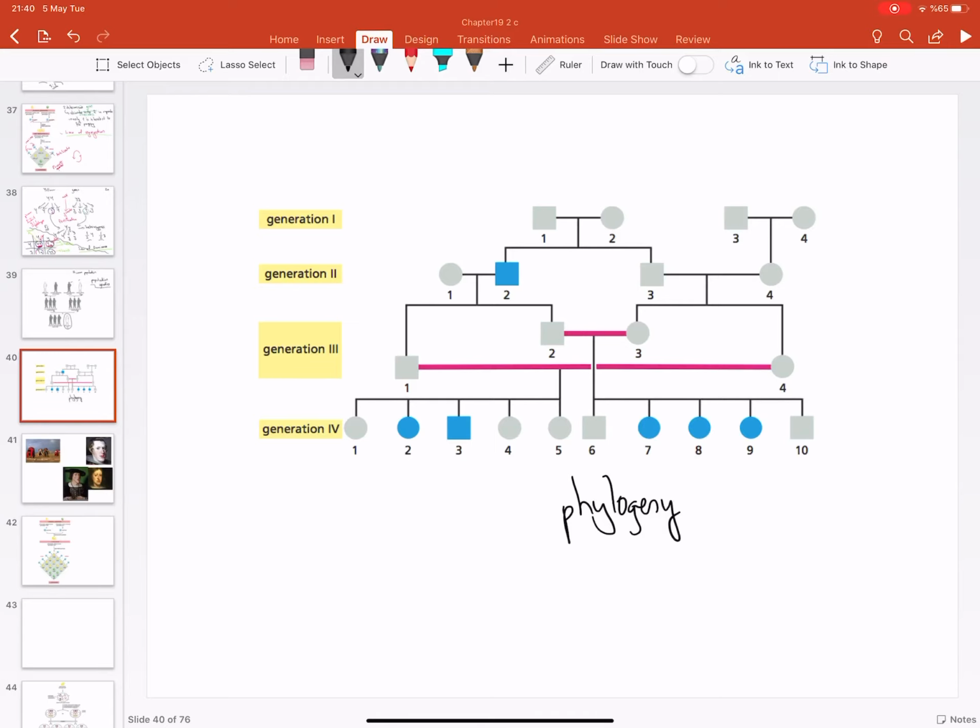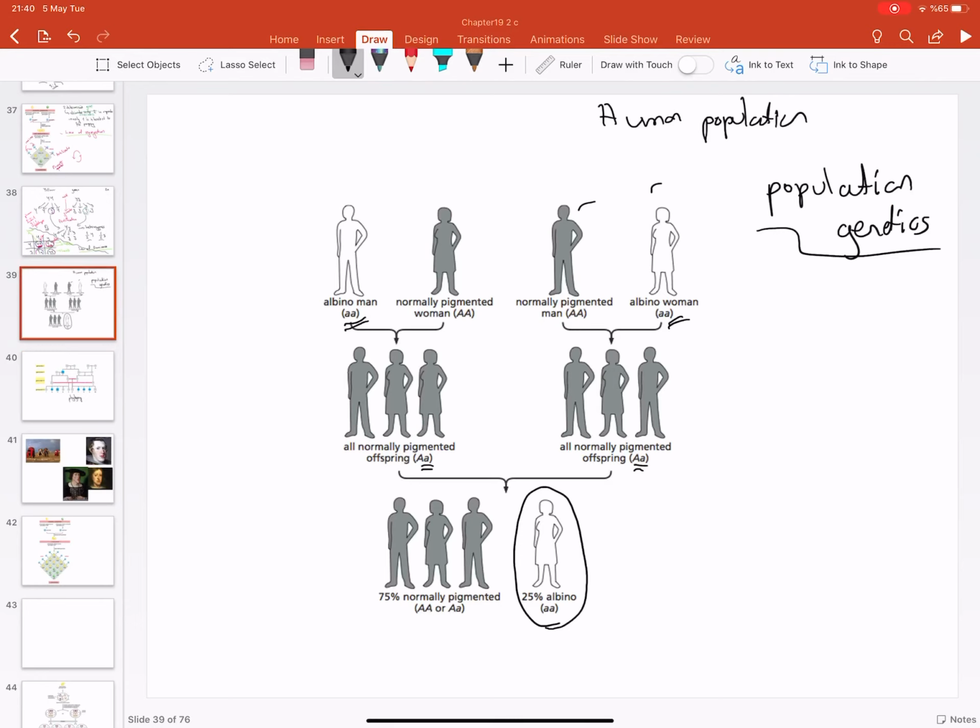You can follow the inheritance pattern of a trait, like albinism in this case, because at first people didn't know how albinism was inherited, what the responsible gene was, and so on. So they checked the genetic background.